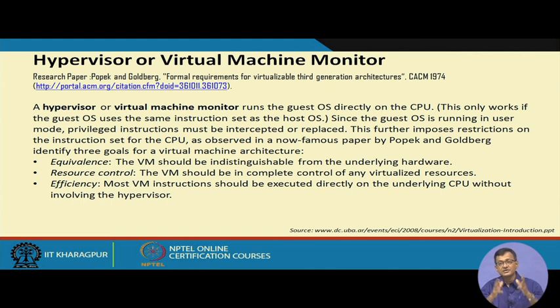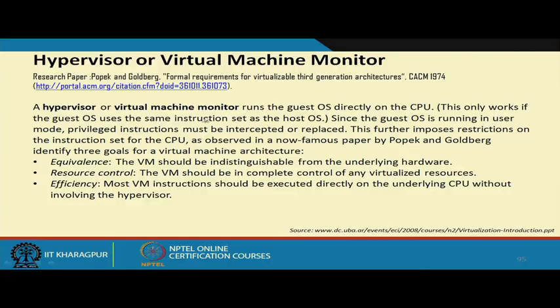So, that means I have a guest OS which has been emulated or installed by the subscriber, or is running its application on the client side, and then the hypervisor is responsible to execute or run this guest OS directly on the hardware at the back end. So, this works if the guest OS uses the same instruction set as the host OS, right. If it is a different instruction set, then instruction translation should come into play, right.